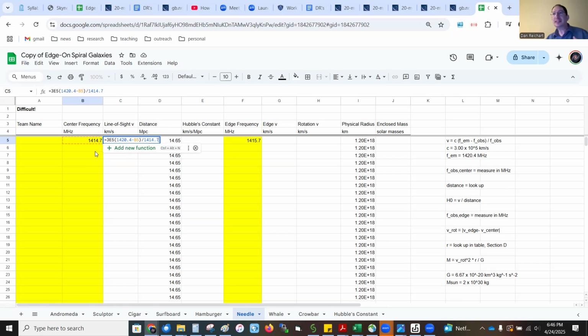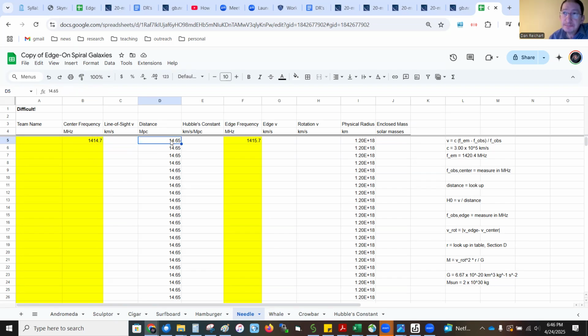If you're calculating the Doppler velocity with wavelengths, you divide by the emitted wavelength. If you're doing it with frequencies, you divide by the observed frequency. Let's click on it as well. So something like that. Again, delete this. You can do your own calculation.